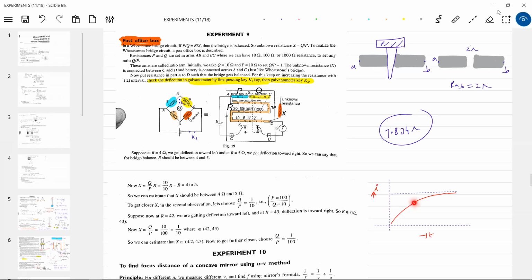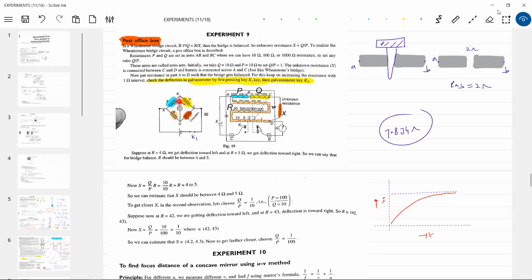What is this time? 5 lambda, 30 microsecond or 40 microsecond. So initially there's a transient current, afterwards a steady state current. Now, suppose you press K1 and K2 both simultaneously.